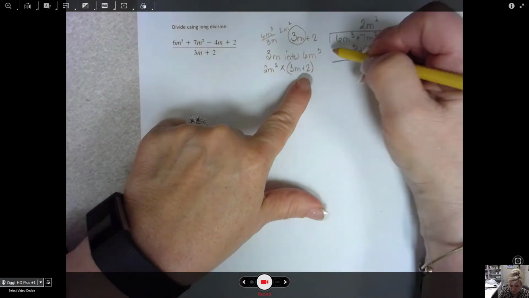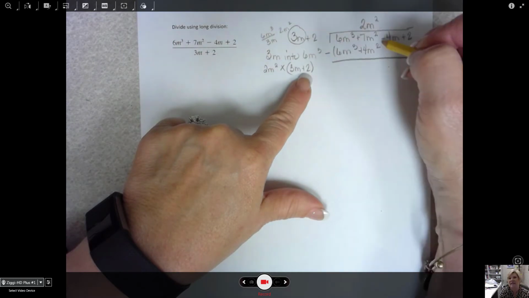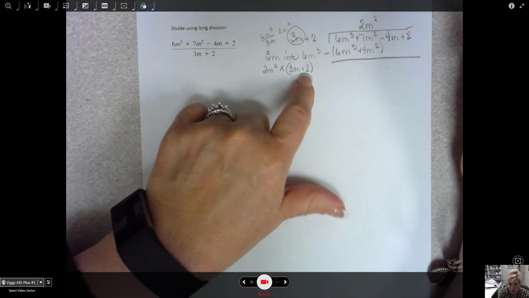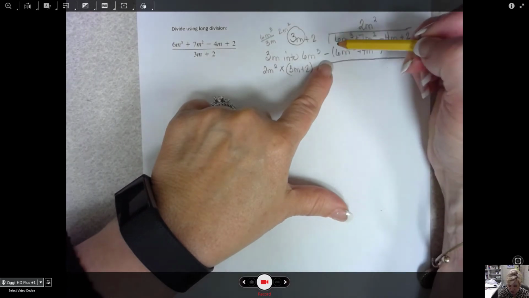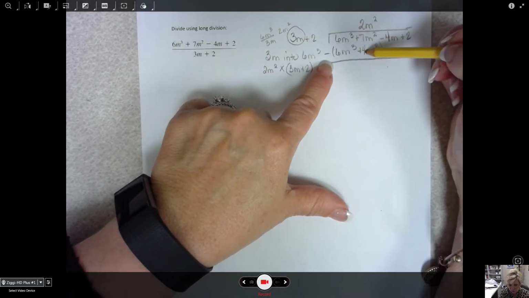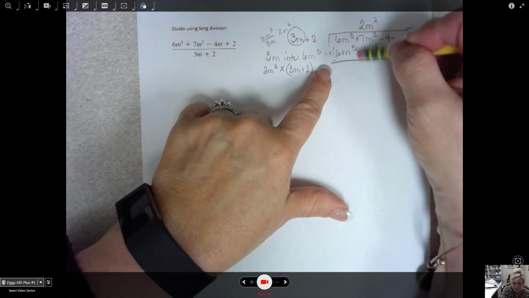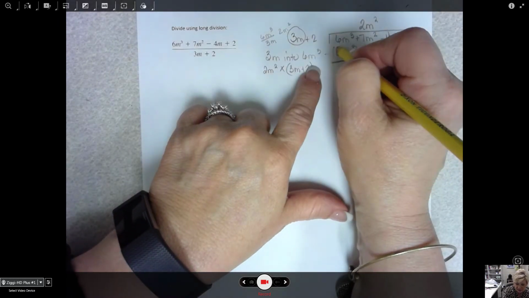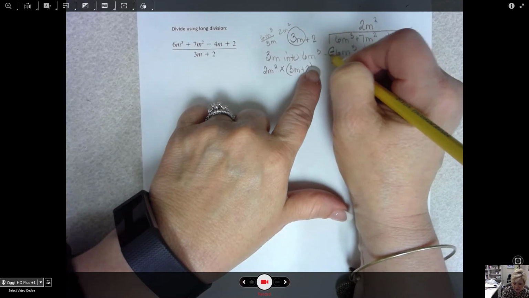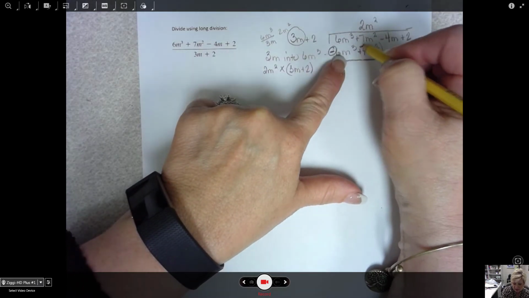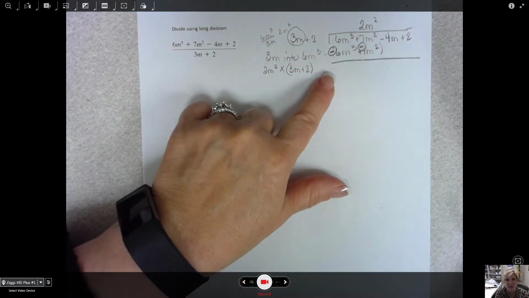Now, we are subtracting the entire polynomial, right? Or binomial. But in order to do that, we have to distribute right here. So essentially, you're adding opposites or changing this positive to a minus and changing this positive to a minus. So you're just changing your signs essentially of both terms.